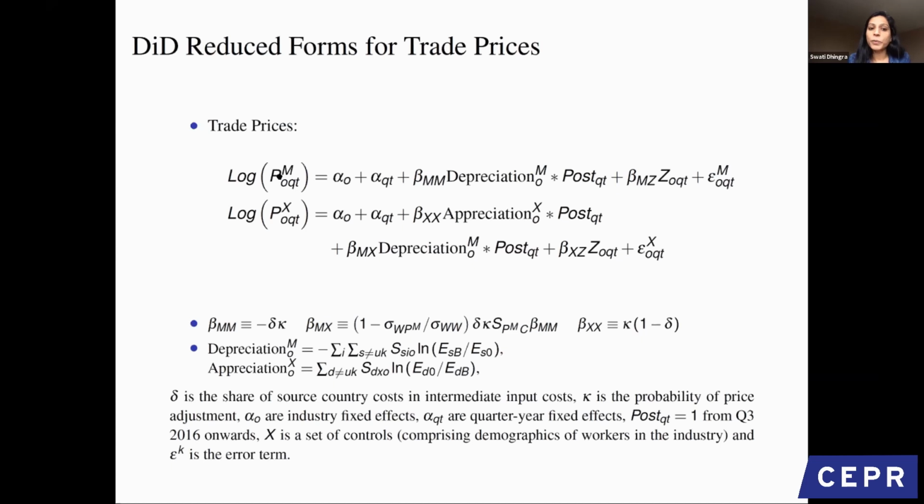So O is output, Q is quarter, T is time, and we're going to have quarterly numbers for these things. On the right-hand side, the key variable that we're going to look at is the depreciation. So this is the intermediate import share-weighted depreciation for that particular car industry. So what it's capturing is how much do I buy of car components?